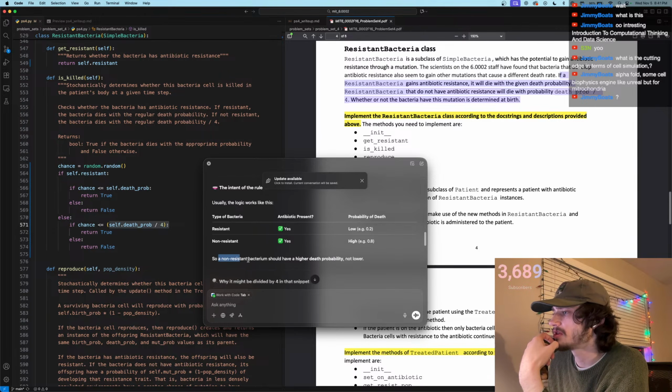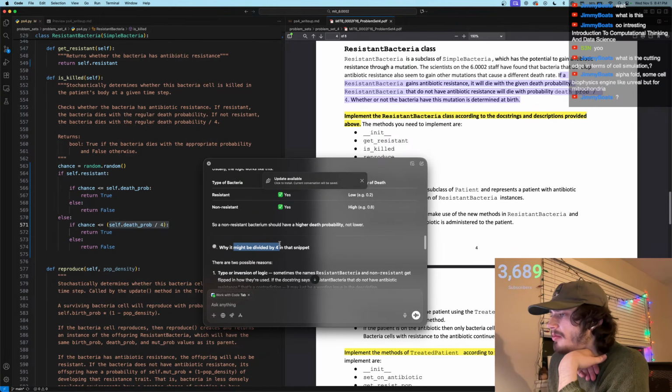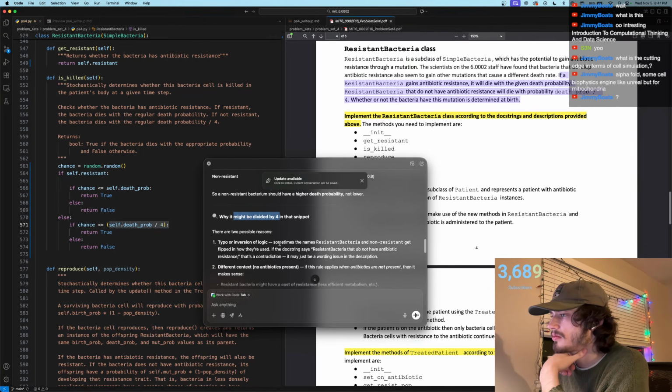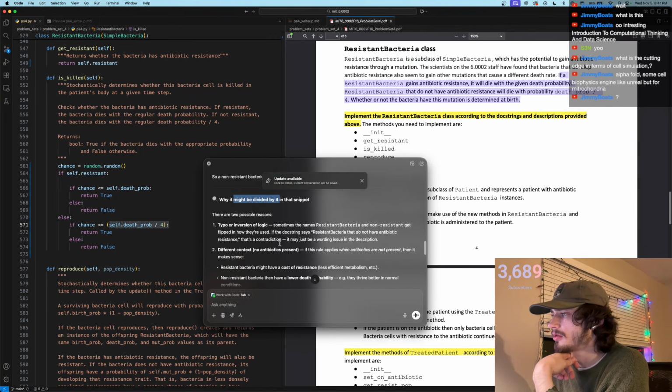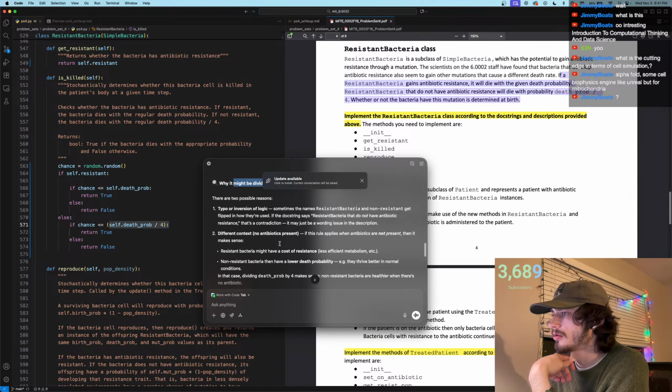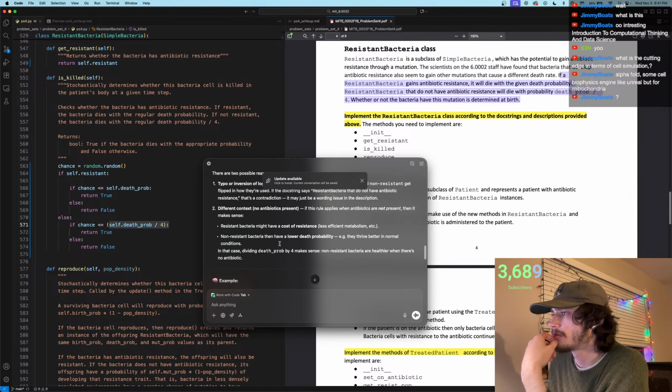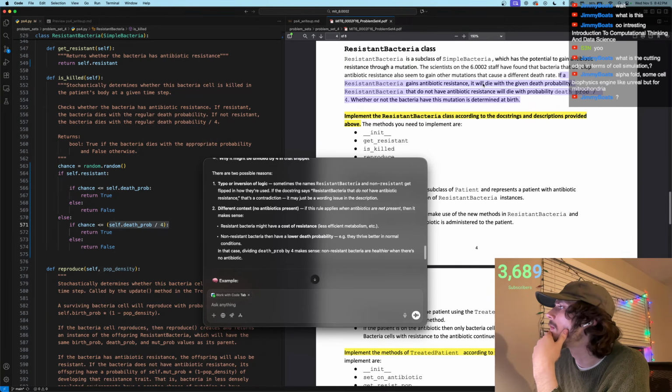So for a non-resistant one, why might it be divided by 4? There's a two-part typo. Resistant bacteria might have a cost of resistance. Oh.